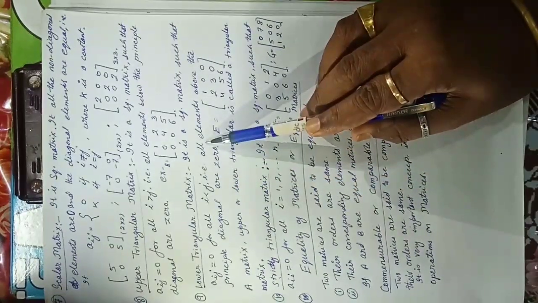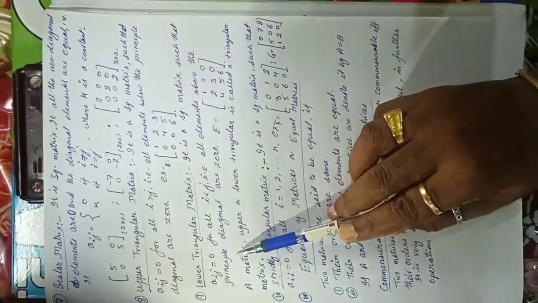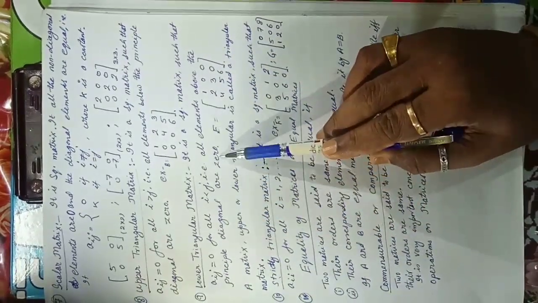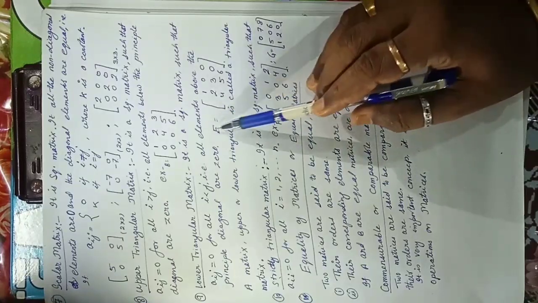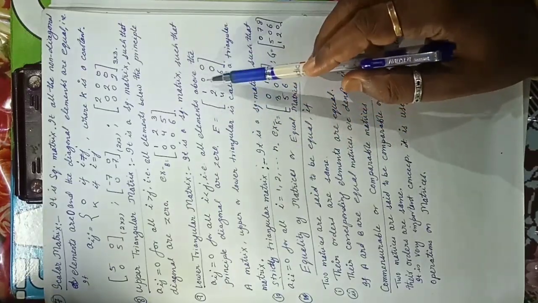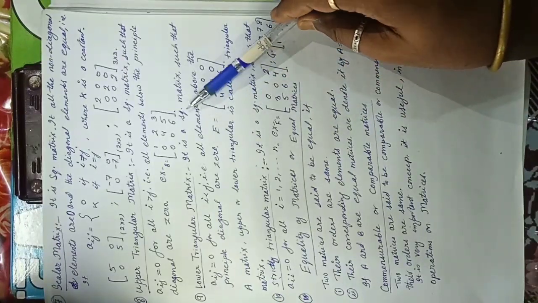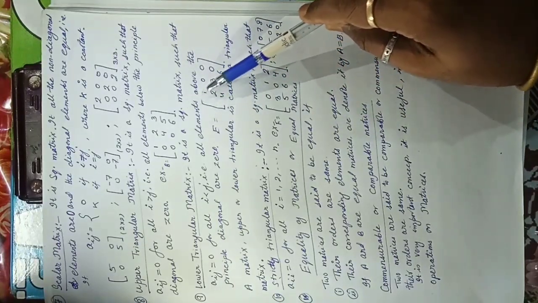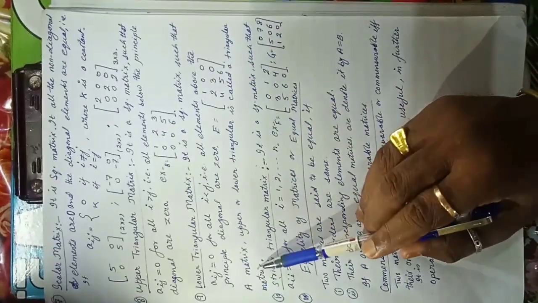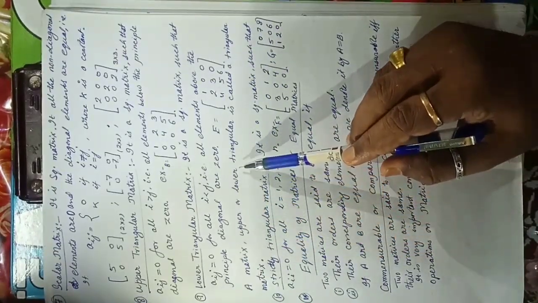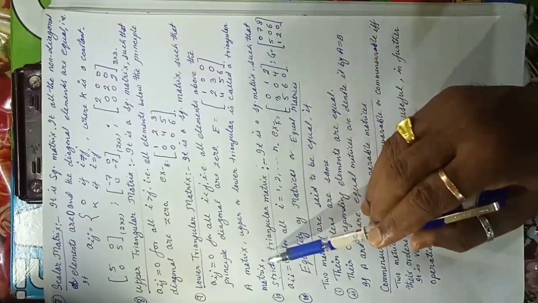That is, all the elements above the principal diagonal are 0. You can see an example there. You will find the elements above the diagonal are 0. A matrix that is upper or lower triangular is called a triangular matrix.